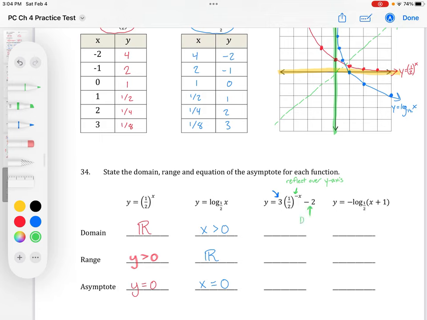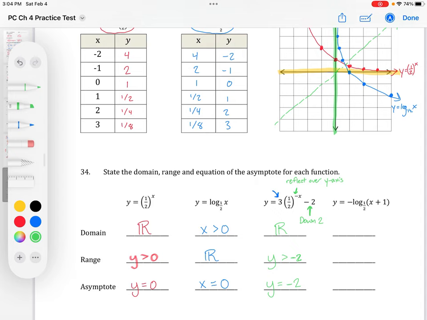This, however, will. This is going to move everything down 2, including the asymptote. So the asymptote was at y equals 0. Now it's going to be at y equals -2. And that means your range is going to be y is greater than -2. Okay, your domain is still all reals.